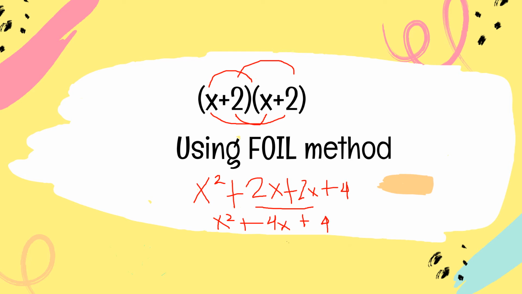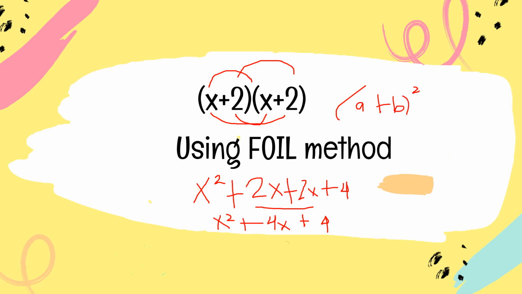Now, let us see if we use the square of the binomial in the form the quantity of a plus b squared. So kung mapapansin niyo ay ang form niya ay a plus b squared. Bakit po?